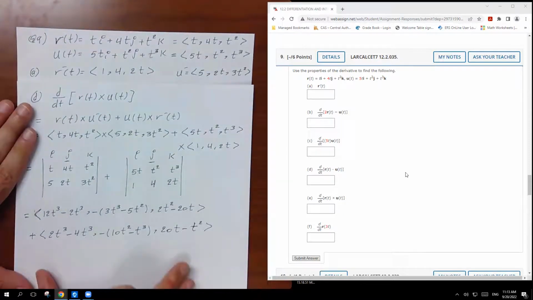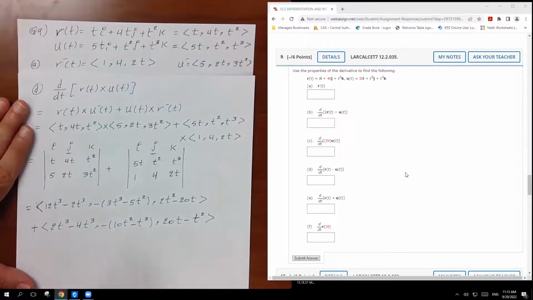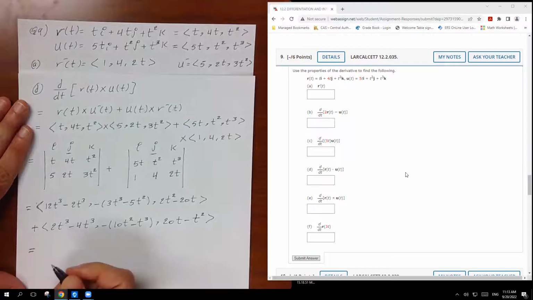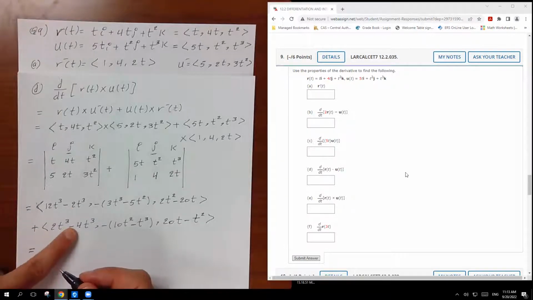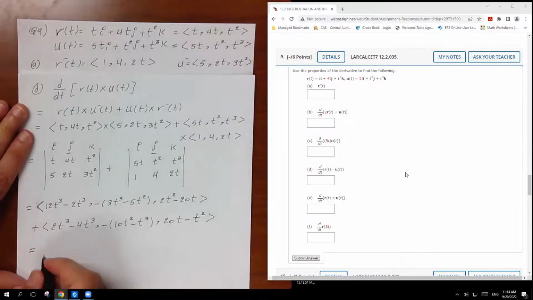Now we're just going to add these together and combine the like terms. So 12 minus 2 is going to be 10, and here is minus 2, so 10 minus 2 is going to be 8.